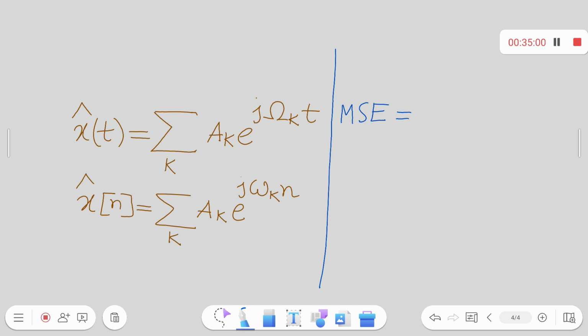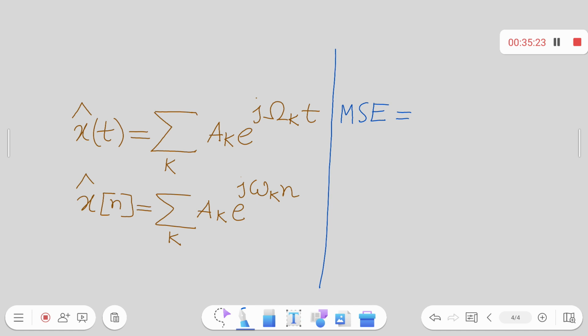So you have to find out the error. What is error? Error means the difference between the actual signal x of t and the represented version x cap of t, so x of t minus x cap of t, or x cap of t minus x of t. Signals can be real or complex as well, so we have to take the modulus, then square it and then find the mean.